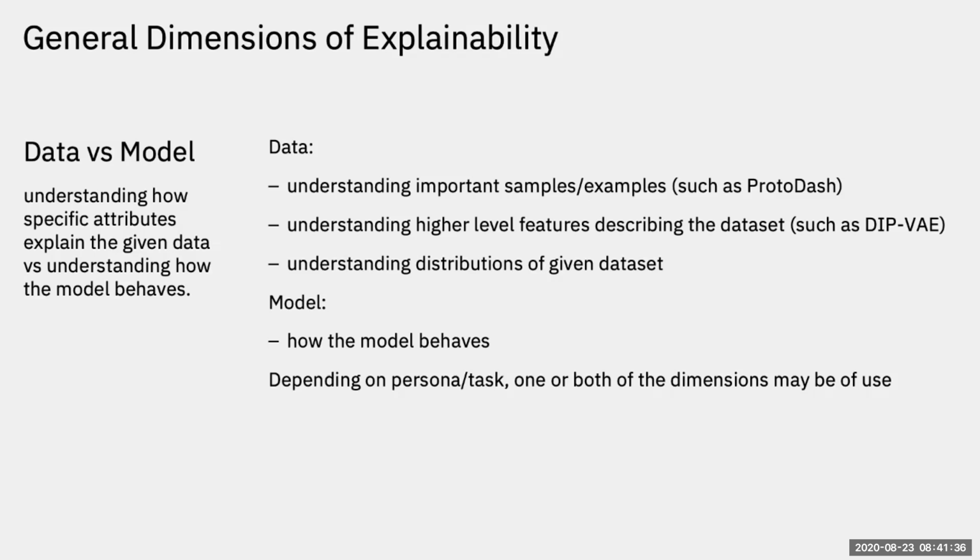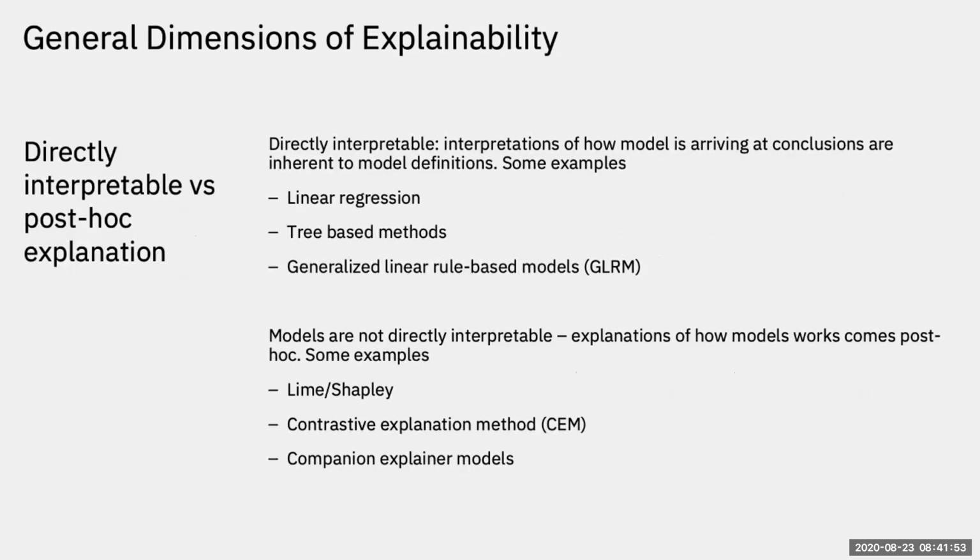If we're going for the model side, really our objective as the user, as the consumer of the explanation, is to get an understanding of how the model makes its decisions. So different personas and tasks might require one or both of these different dimensions. Some of the oldest approaches in machine learning and artificial intelligence were directly interpretable models, things like decision trees and so forth.